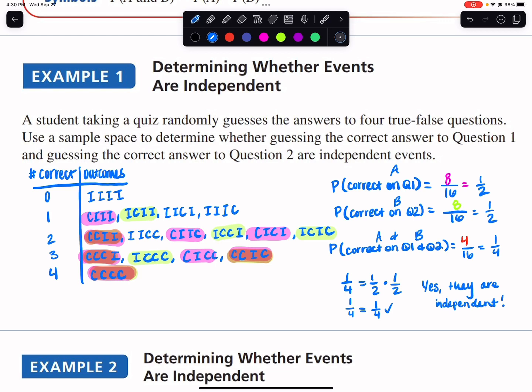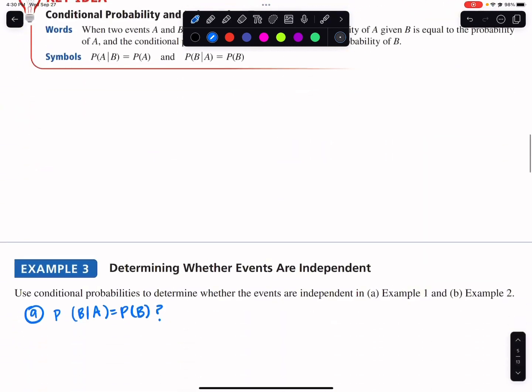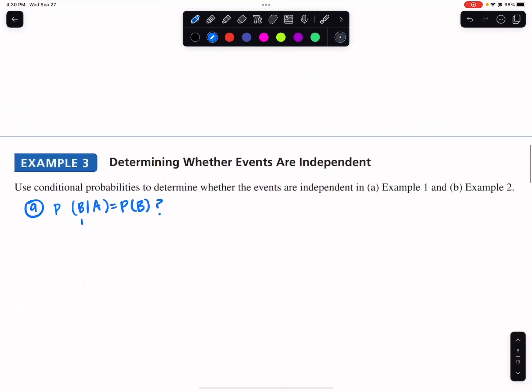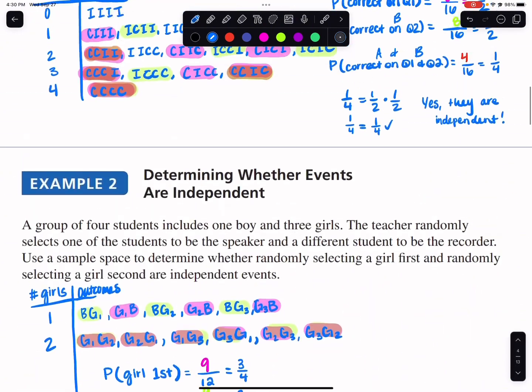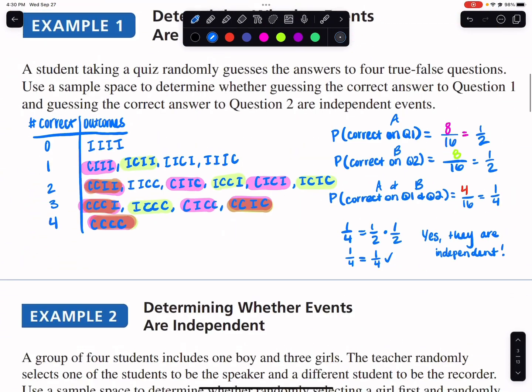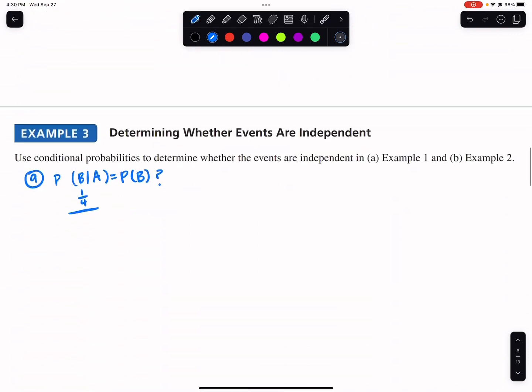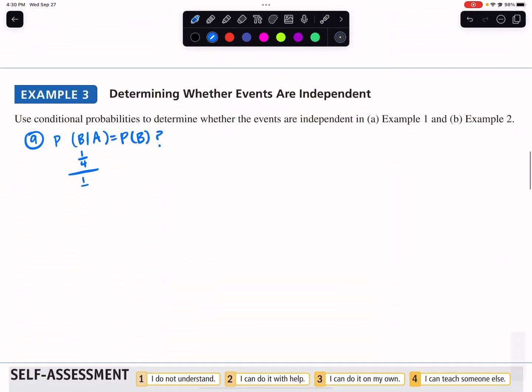So remember, if you want to find the probability of B given A, you're taking the probability of A and B. So for this one, that's 1 over 4, over the probability of A, which we found was 1 over 2. So remember, keep, change, flip.